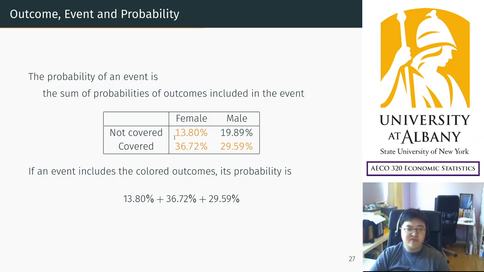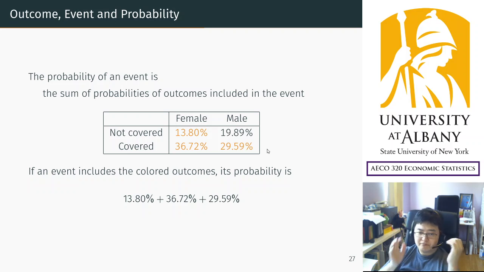Then the probability of this event would be the sum of these three probabilities. There is no difference from the dice roll example. Simply the sum of probabilities of the outcomes is the probability of an event.